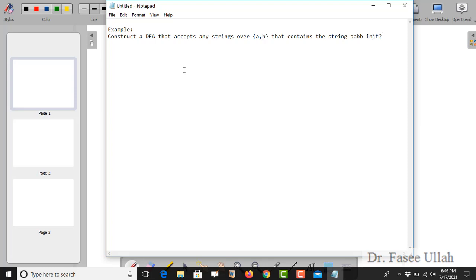Okay, so that is the basic question: how we can construct a DFA based on the condition that is double A double B from the set of A and B. So let's see how we can prepare the finite automata.